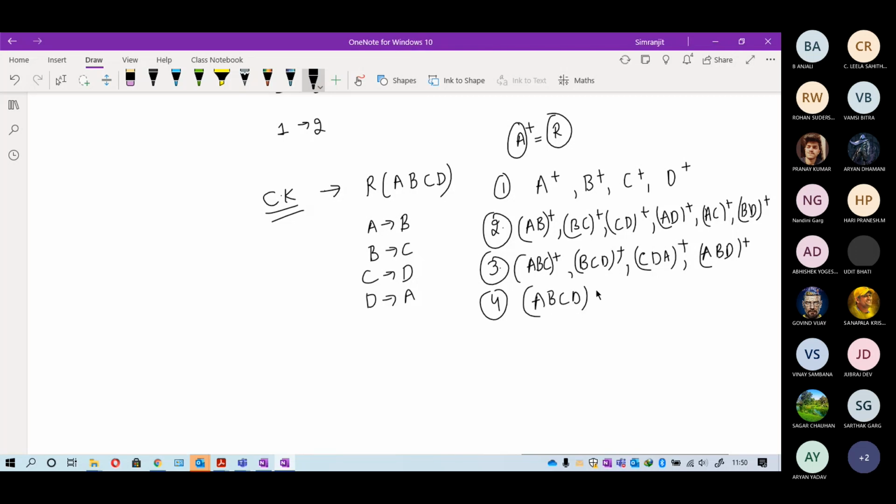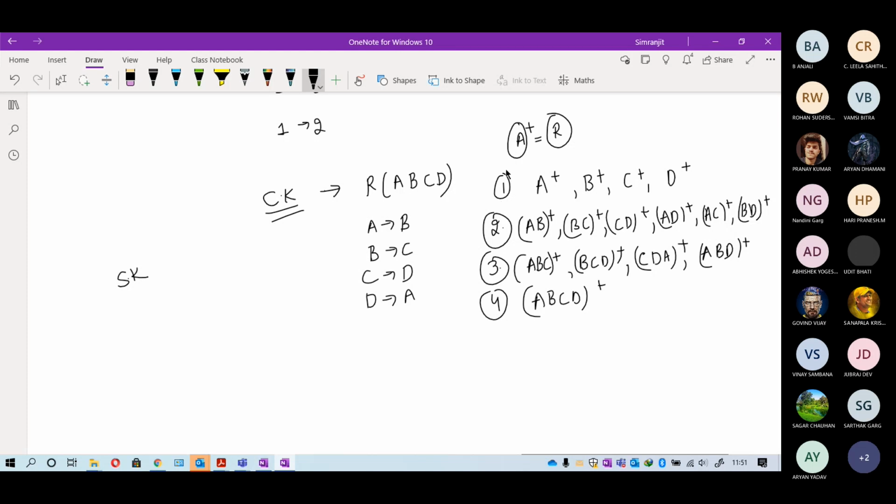Okay, so now take a look at it. You already know what a super key is. I'll tell you how to reduce your effort one by one. But if you want to find a candidate key, you have to try all the possible combinations.